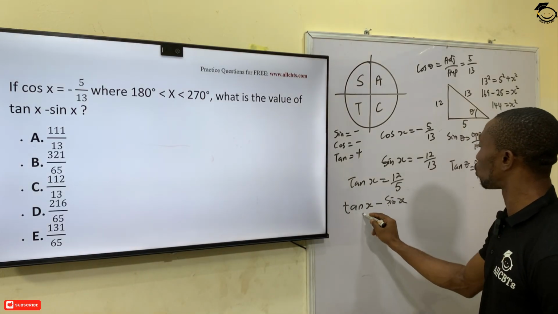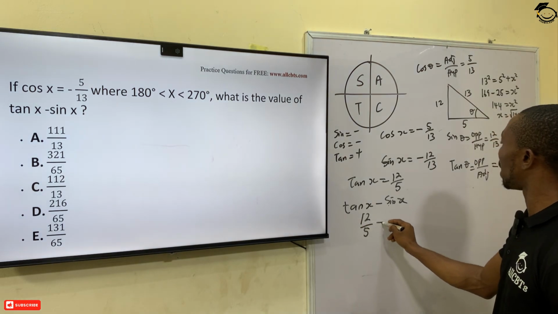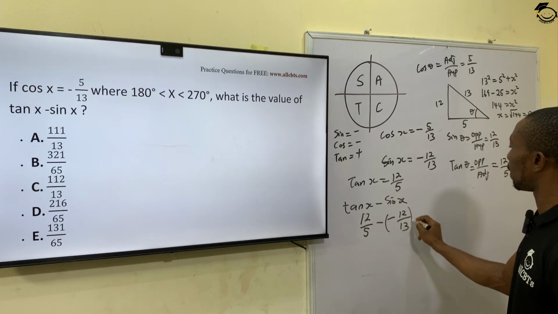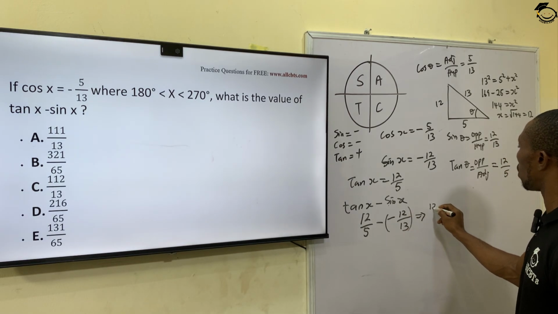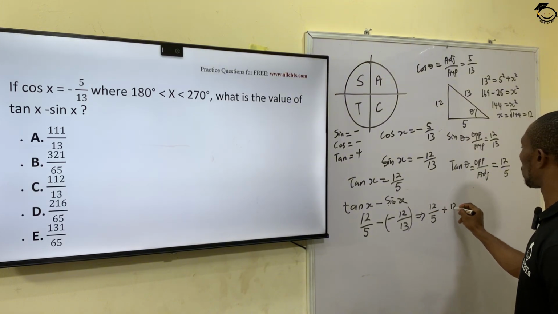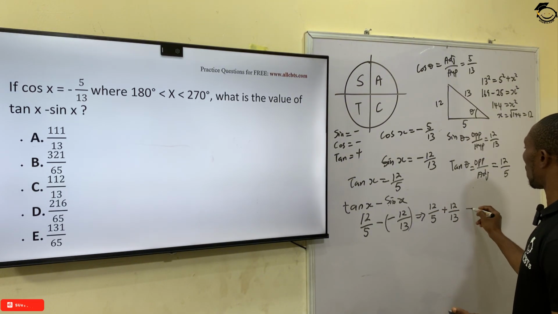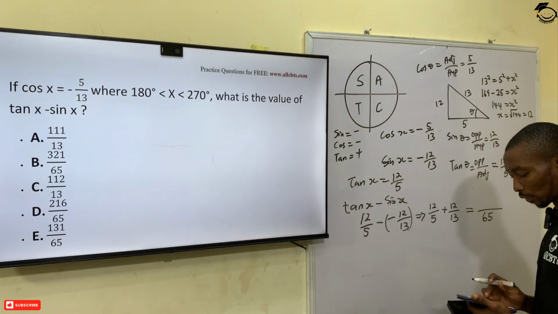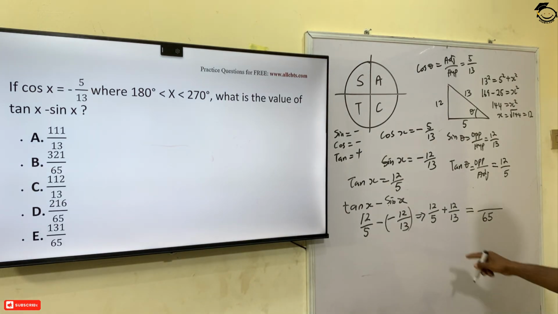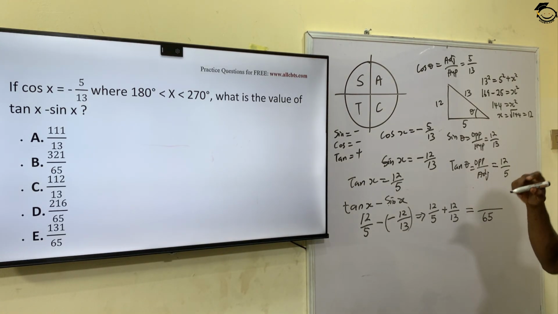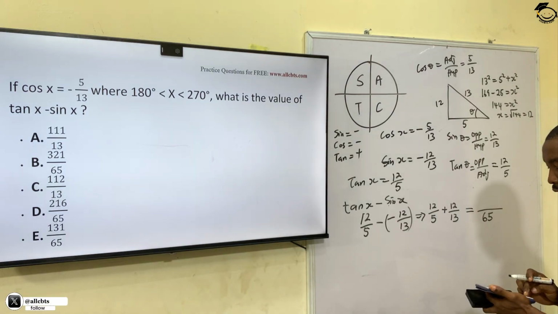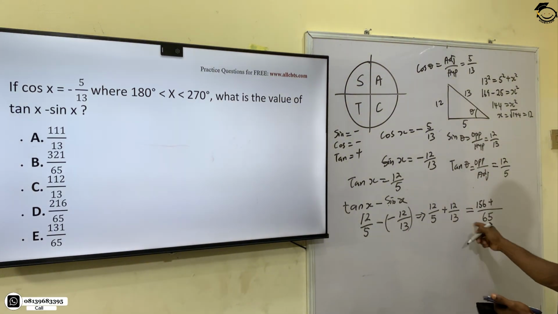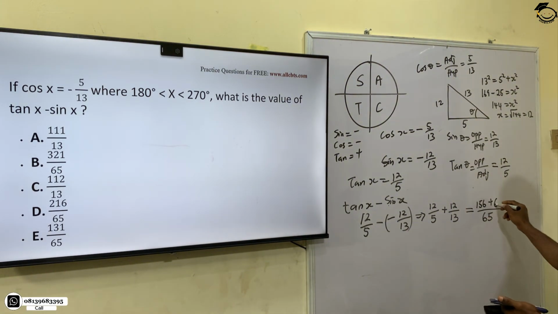Our tan x is 12 over 5 minus sine x, which is minus 12 over 13. Now this becomes 12 over 5 plus 12 over 13. Our LCM here is 65, which is 13 times 5. 5 into 65 gives us 13, so 13 times 12 gives us 156, plus 13 into 65 gives 5, and 5 times 12 gives us 60.